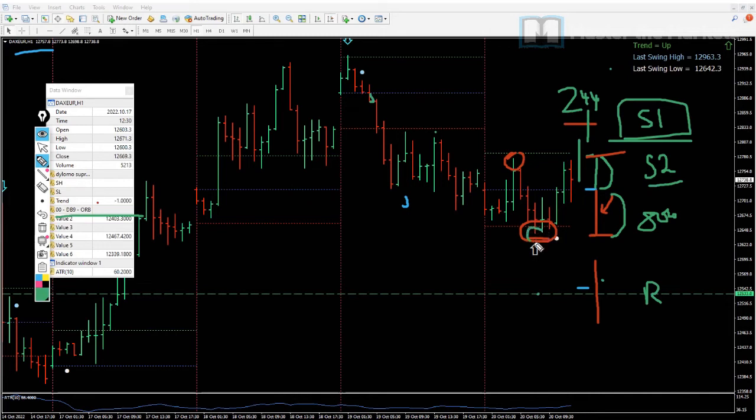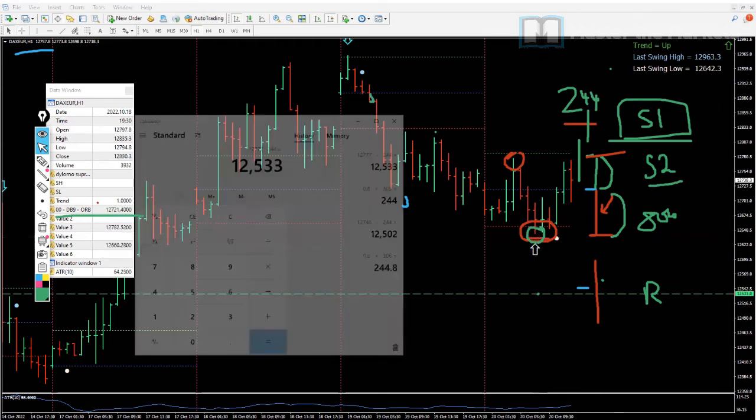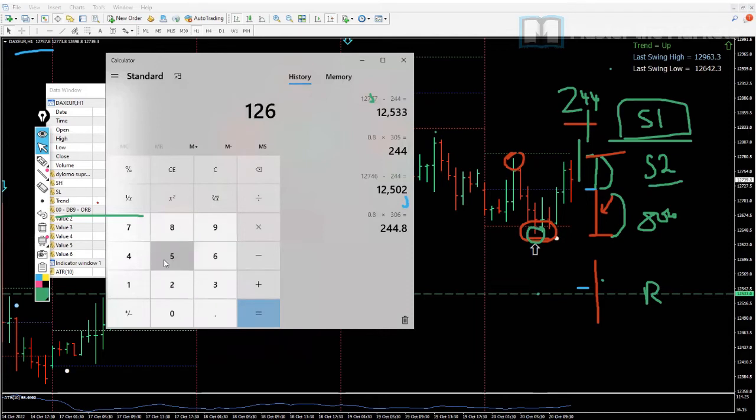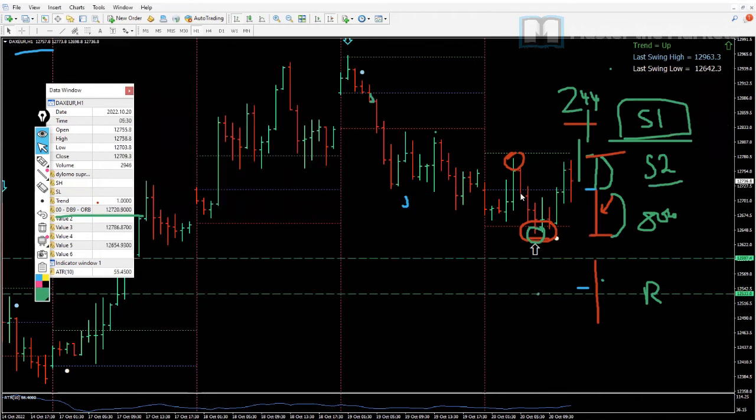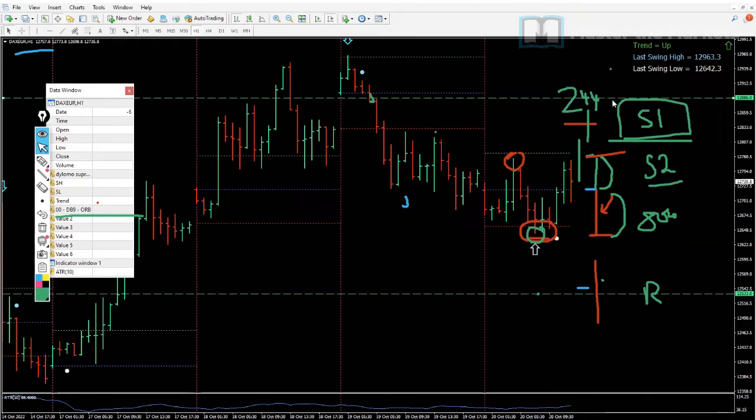Then if I lock in that low, I take that low price over here, which is 12642, plus, remember our 80% range, 244. That will be 12886. So let me just type that in. There you go, 12886, if it holds the low and goes towards the upside.